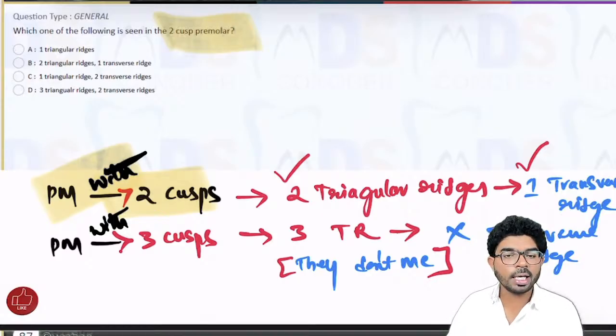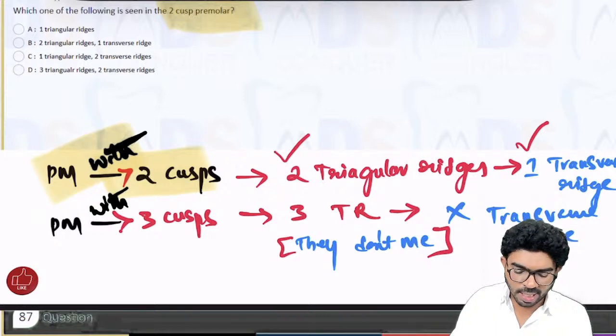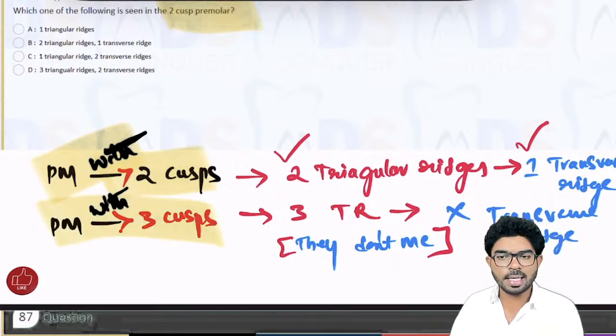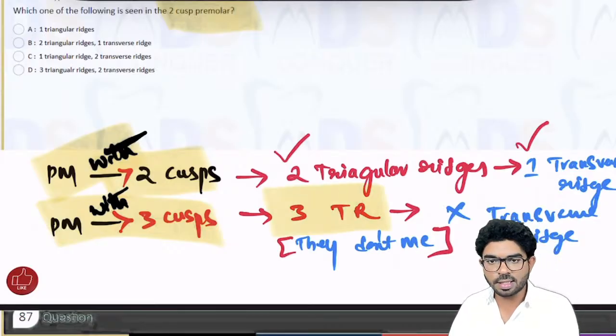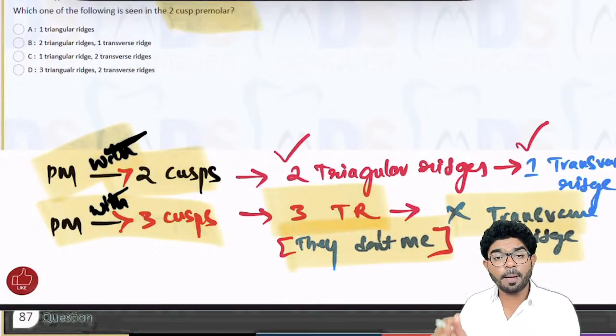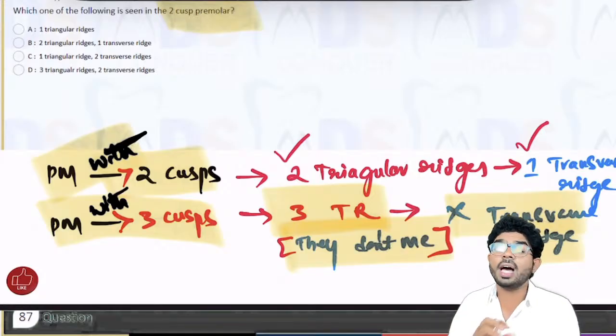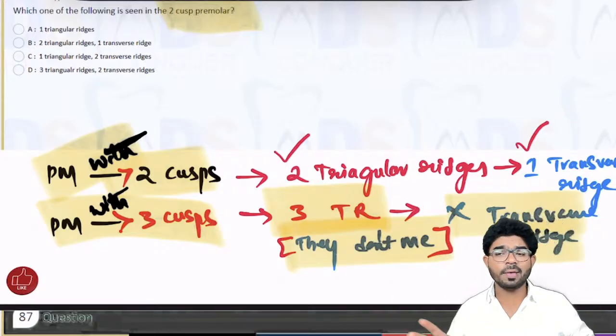Whereas in the premolar with a 3 cuspal pattern, which is commonly seen in your mandibular second premolar, I'm going to have 3 triangular ridges, but none of these 3 triangular ridges are going to meet each other. So that is the reason why in a 3 cuspal pattern of a premolar, I'm not going to have any transverse ridge.